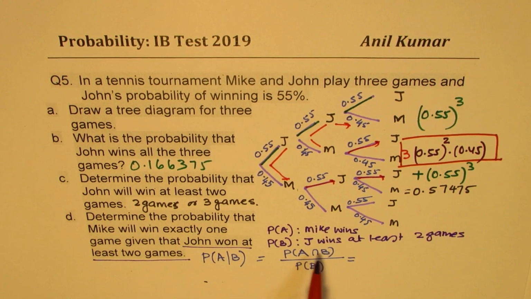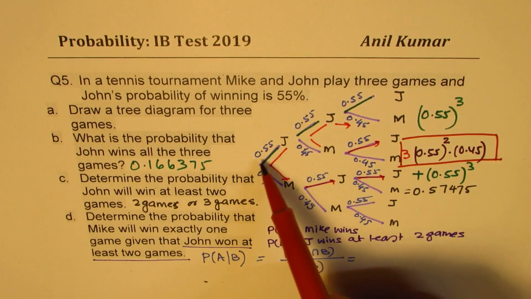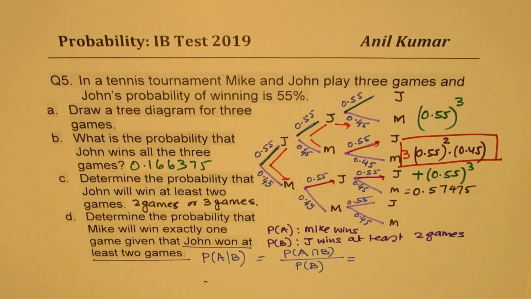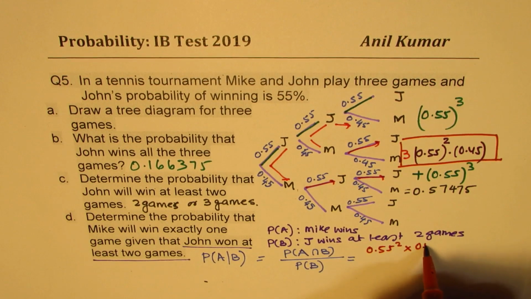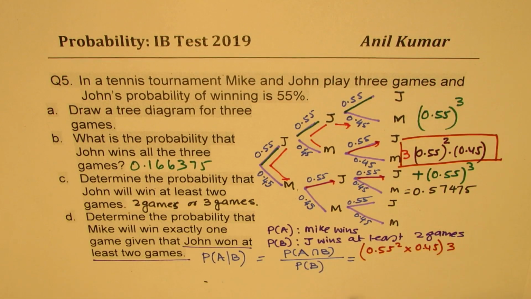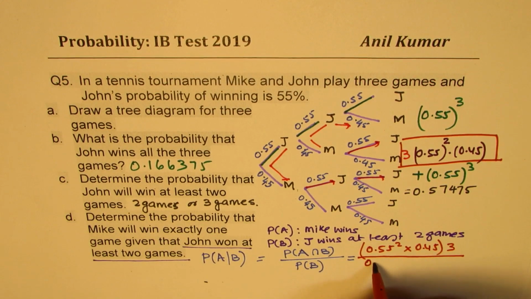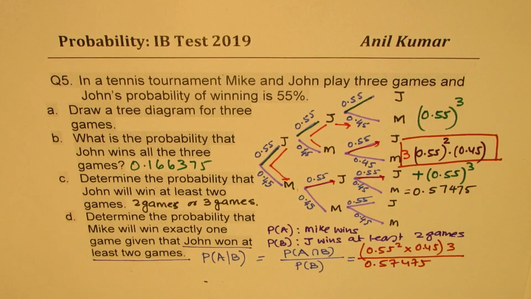So the intersection will not include the 3 wins by John. You get the point, right? So therefore, this has to be 0.55 square times 0.45, and that could happen in 3 ways, right? Divided by the probability of John winning at least 2 games, which we found as 0.57475. You get the idea, correct?